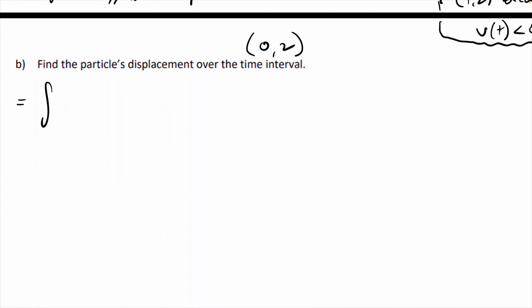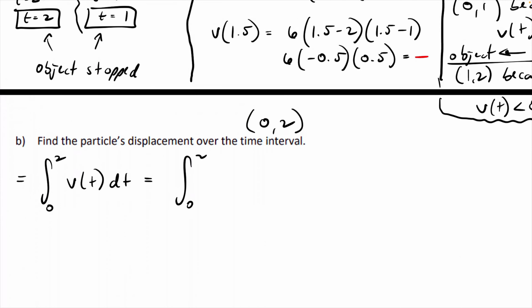So from A to B, so what's A and what is B? V of t dt. So in other words, 0 to 2 for velocity, which we just had, velocity was 6t squared minus 18t plus 12 dt.